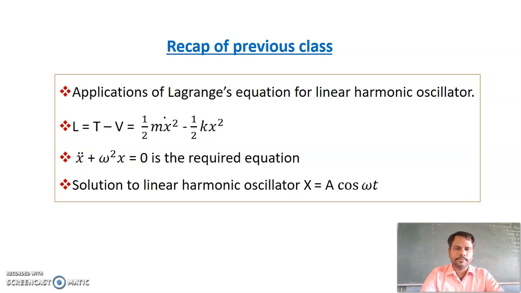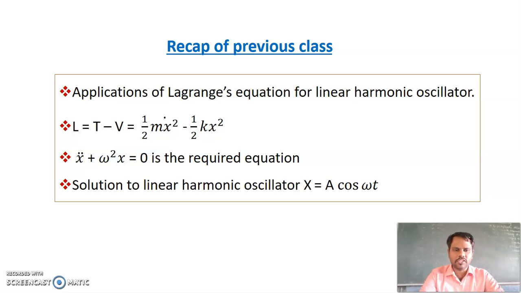So in the last session, we have discussed the applications of Lagrangian equation for a linear harmonic oscillator, where its kinetic energy and potential energies are obtained and substituted in the equation L equals T minus V, which is half m x dot square minus half k x square.